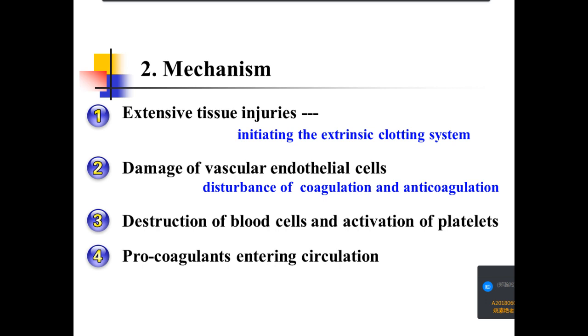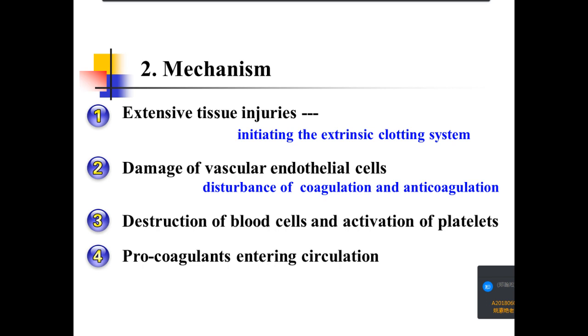Normal VEC can release TPA and UPA. Which system do TPA and UPA belong to? The fibrinolytic system, as plasminogen activators. If VEC is damaged, the release of TPA and UPA decreases. So is the fibrinolytic system stimulated or inhibited?